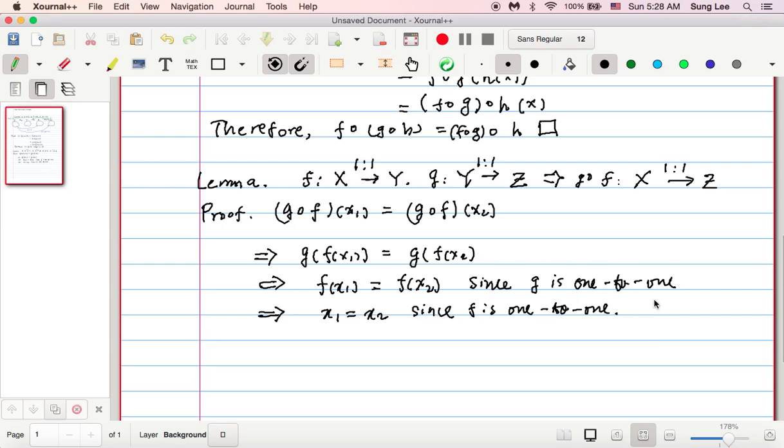So this completes the proof. What that means is f followed by g is a one-to-one function.